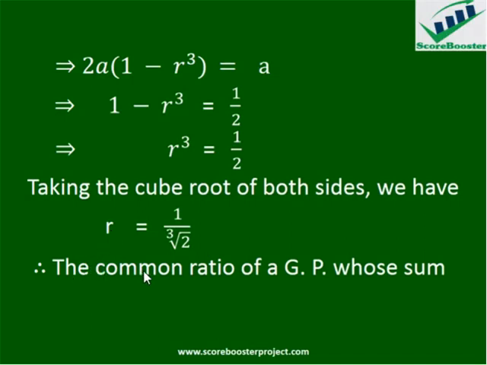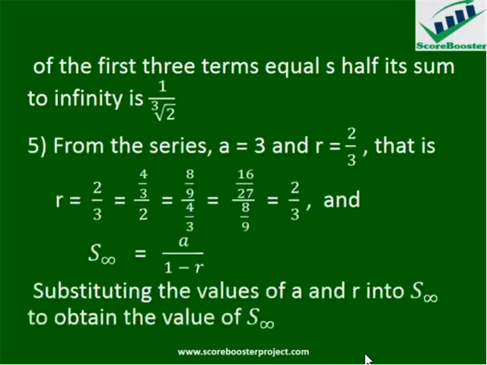Therefore, the common ratio is 1 over the cube root of 2, or you can say 1 over 2 raised to power 1 over 3. So that solves the 4th question.